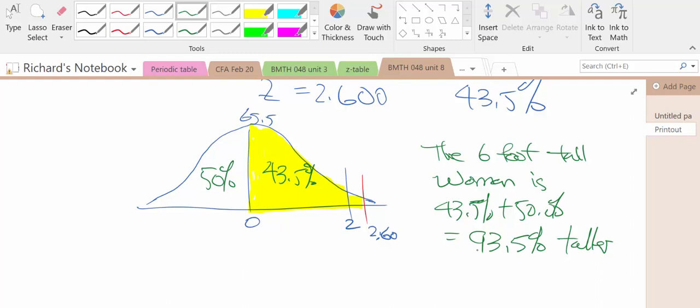She's taller than 93.5% of the American women, 93.5% taller than the other American women in the group.